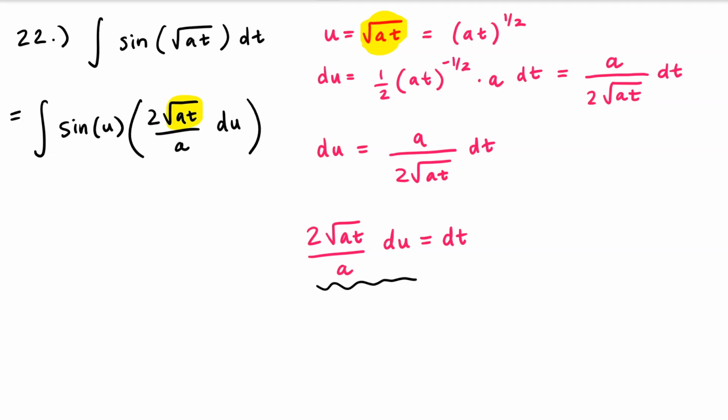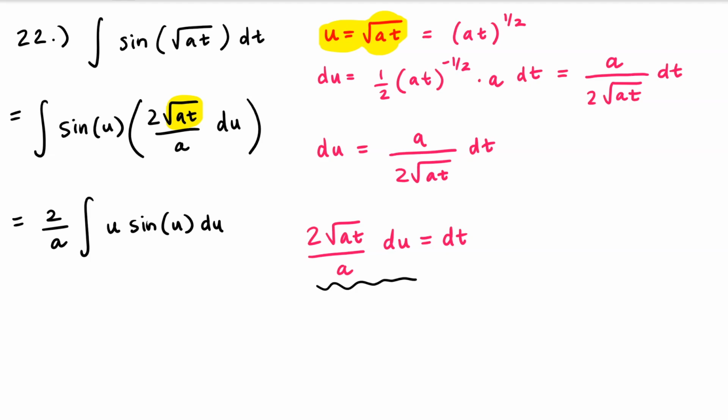And so here we can replace that with u. Also, another thing to note is, remember, a is a constant with respect to our integral. So I'm going to factor out 2 over a outside of my integral. And then what we're going to be left with is sine of u times u du. And if I reorder that, it's going to be u times sine of u du.